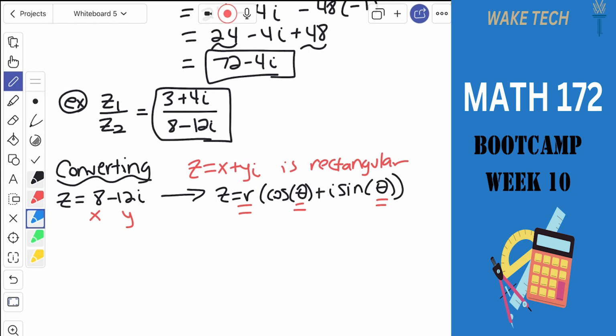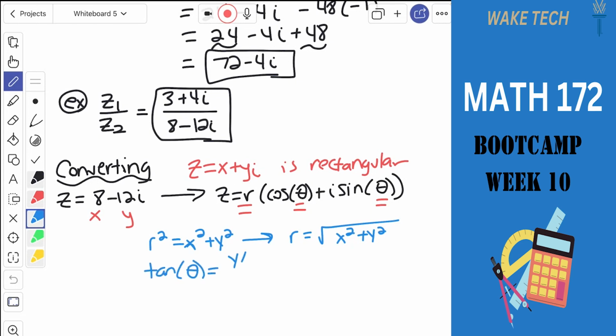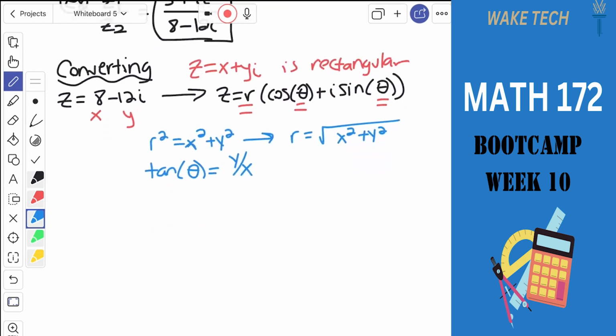The equations you saw last week to make that exact calculation were r squared equals x squared plus y squared, which essentially means r is equal to the square root of x squared plus y squared. But then tangent theta is y over x. So literally those exact two equations from last week are exactly what we'll use this week too.